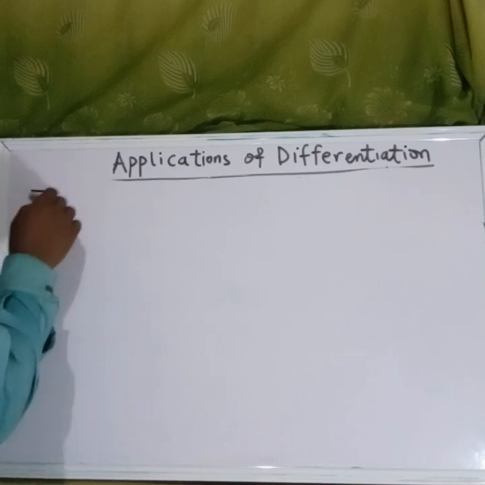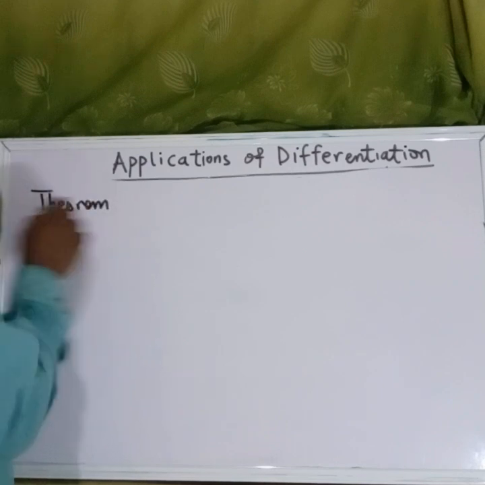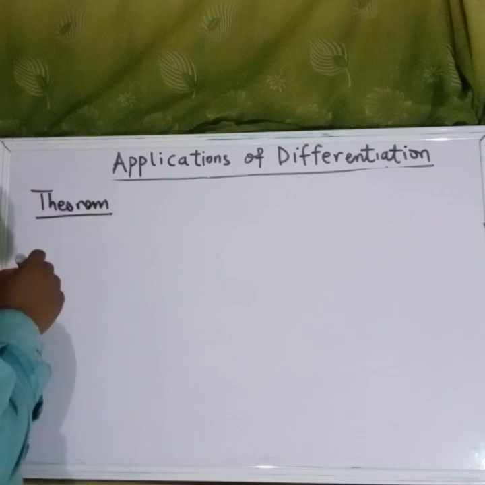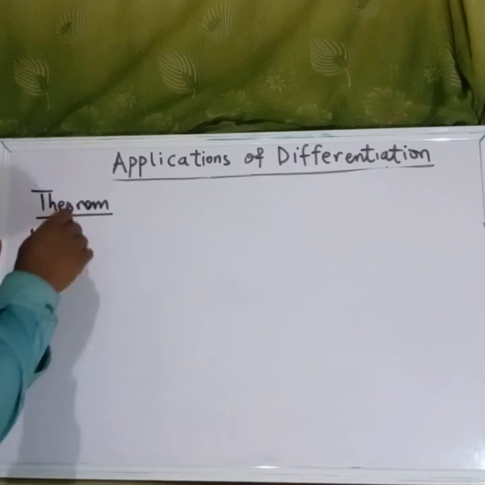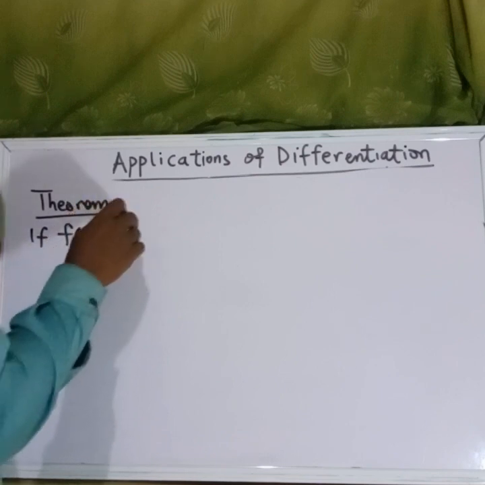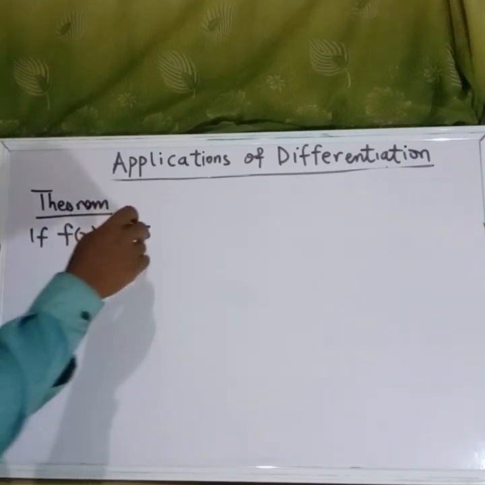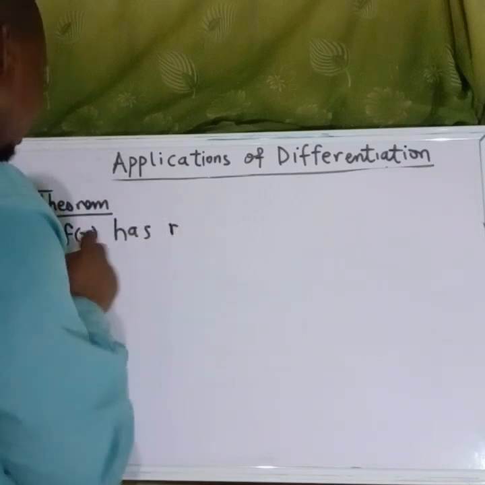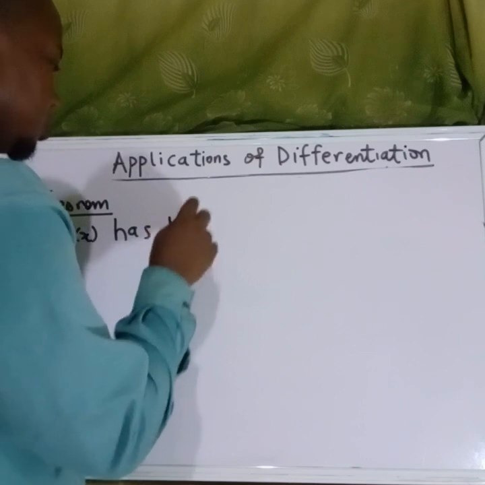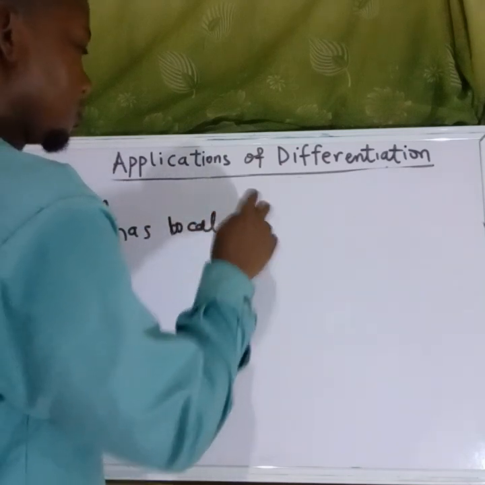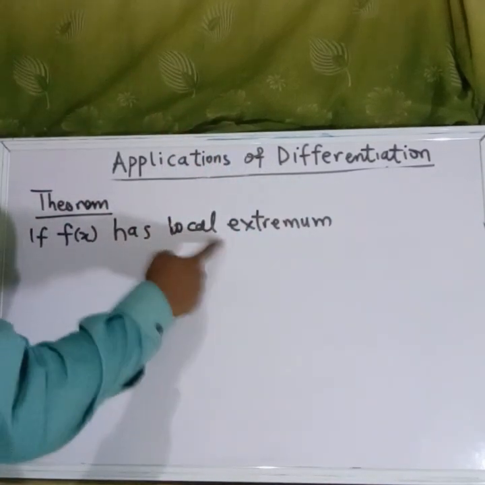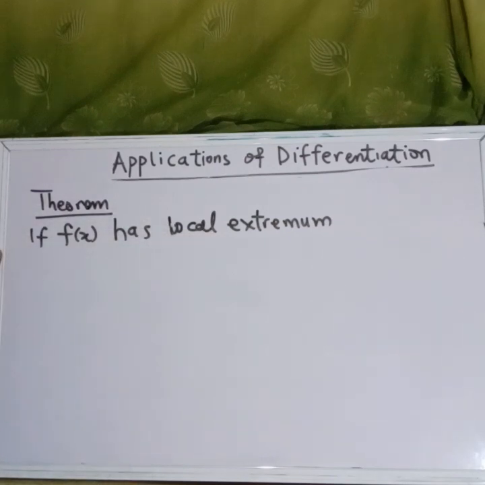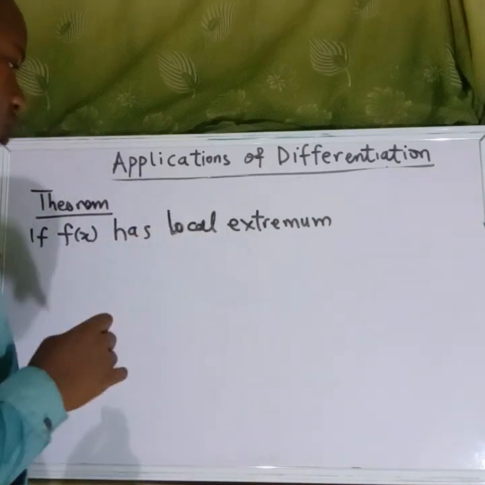So, theorem. This theorem says if f of x, that is a function, has local extremum, it is also valid for global, but we say local in order not to fall into an ambiguity.